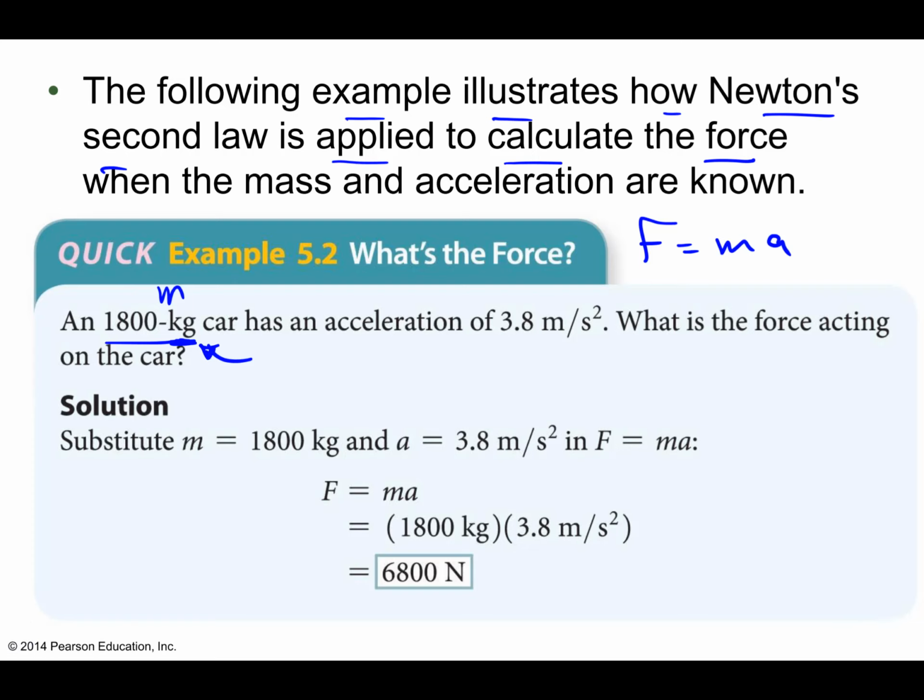It has an acceleration, so you have the acceleration, and it is in meter per second square. What is the force acting on the car? F equals ma. 1800 times 3.8 equals 6,800 Newton. So easy, guys.